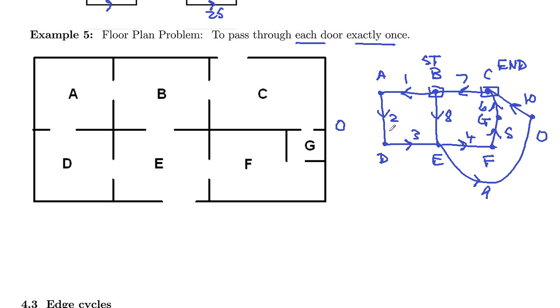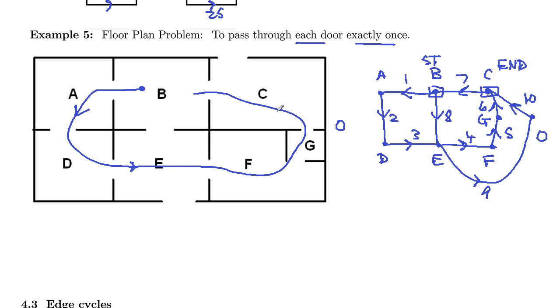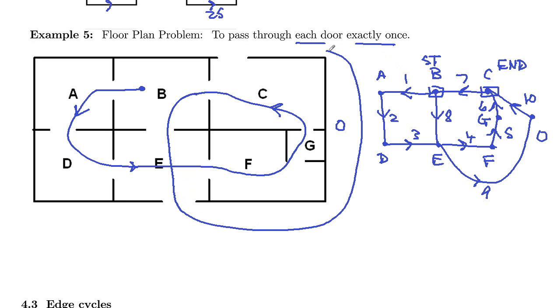So you go B, A, D, E. So you start here at B. You go A, D, and E. From E, you go F, G, C, back to B. And then from B, you go E, outdoors, and then back to C. So from B, you go down through E, then outdoors, around, and back to C. So like that, and we've gone through every door exactly once. So that's the translate back.